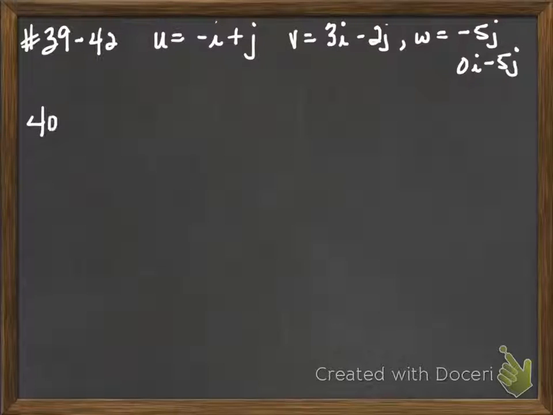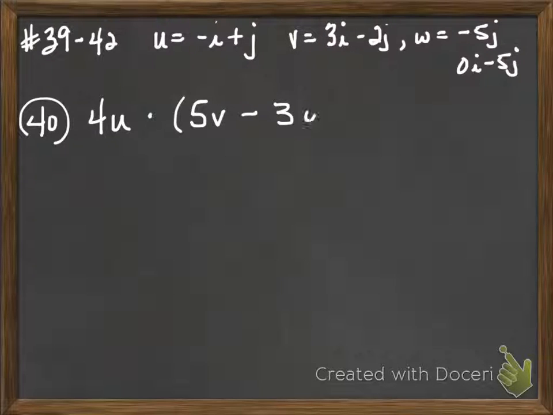So we're going to do number 40 as an example, and this is what the problems look like in this section. 4u dot 5v minus 3w. And you'll do order of operations. And this one is just math. It just happens to have some vectors in it. So you're just actually using math here.